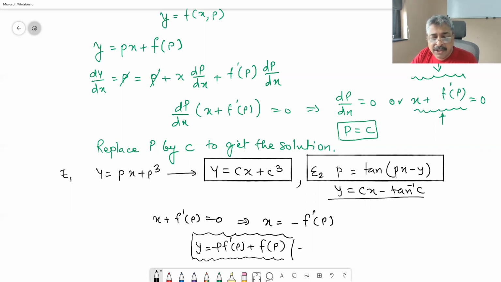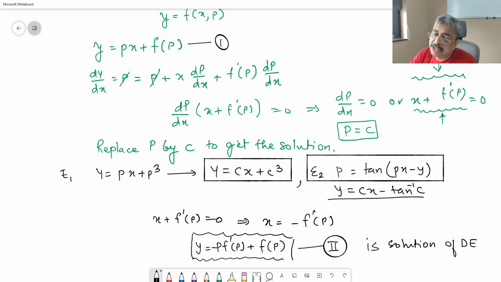But then this equation number 2 and the original equation number 1, right? They again form a parametric family, so 1 and 2 together are the solution of the differential equation.